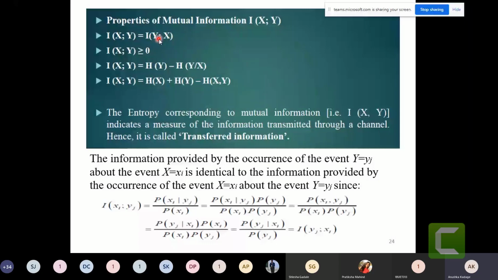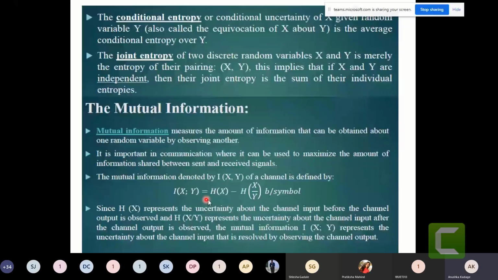Previously we have seen the equation for what? I of X semicolon Y, which says that it is H of X minus H of X by Y, because it is related with the transmitter.